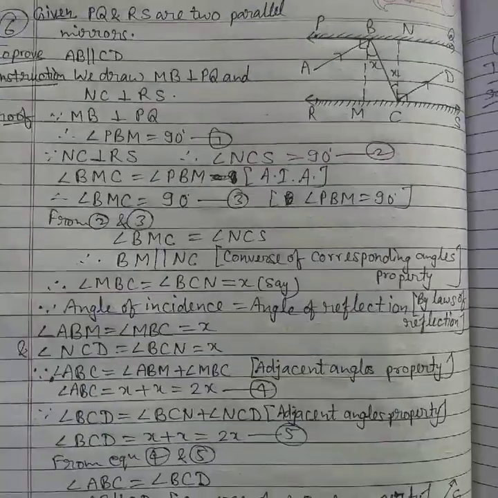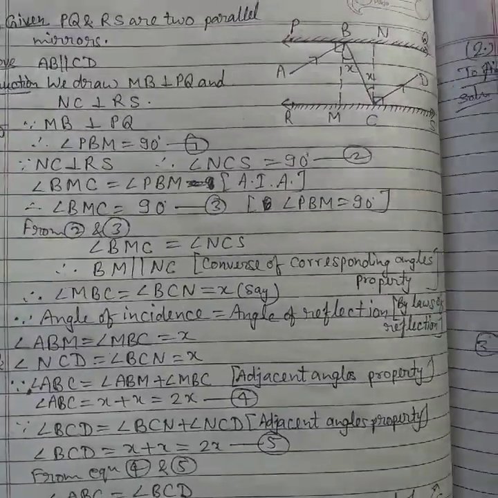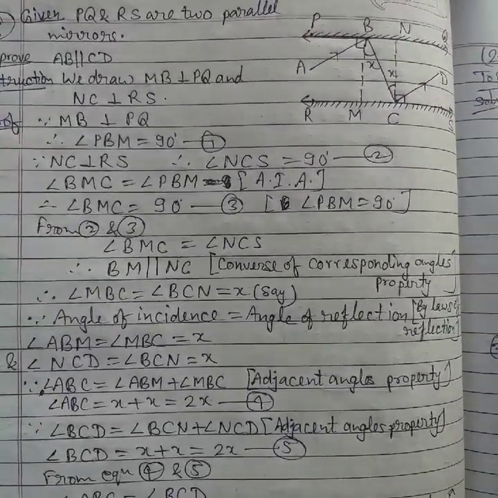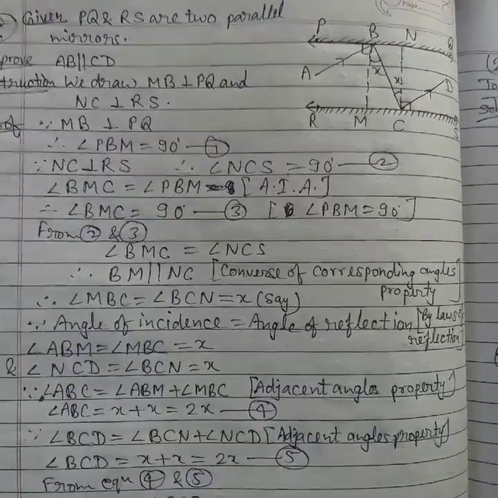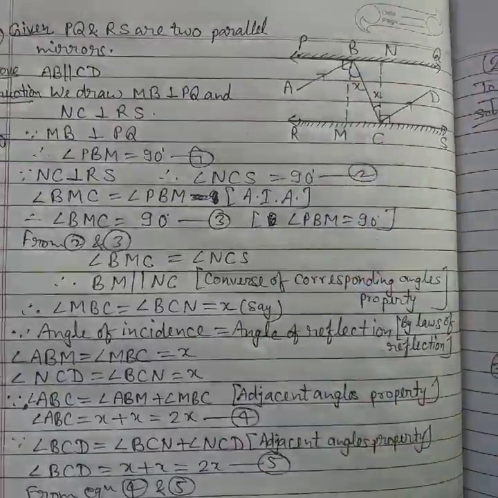Okay. Now move to the next question, question 6. In the given figure, PQ and RS are two mirrors placed parallel to each other, PQ parallel to RS.